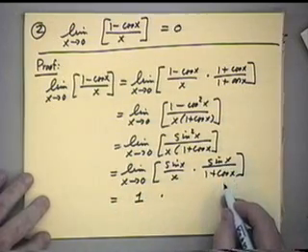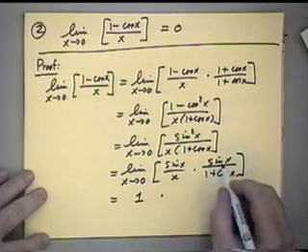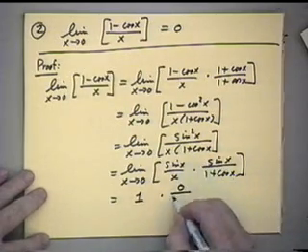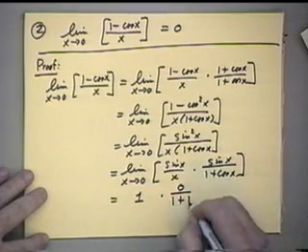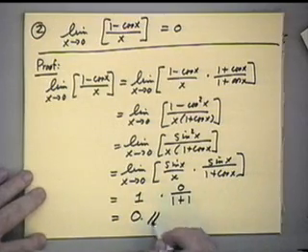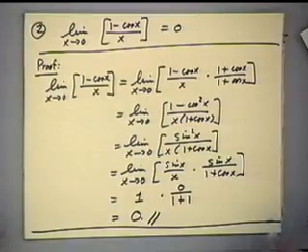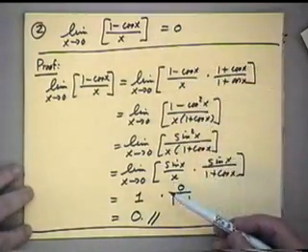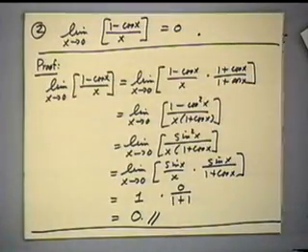The second part I don't have any data on, but this is a limit I can directly figure out. The sine is going to go to 0. Then I'll have 1 plus, this goes to cosine of 0, which is 1. And 0 over 1 plus 1 times 1 gives me 0, which is exactly what I expected. So by doing that famous limit and then applying it here, I get a second very useful limit that we will see from time to time.